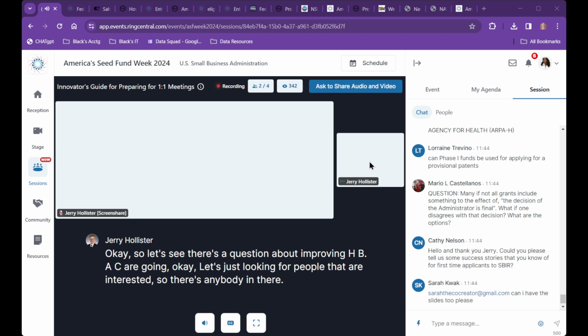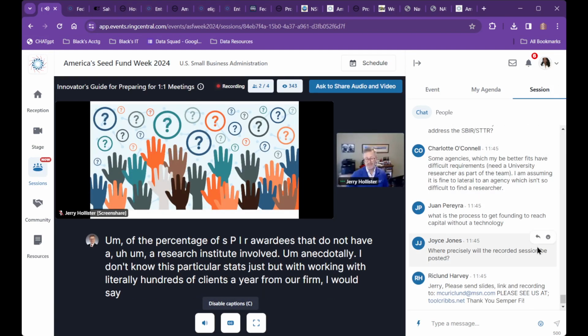Of the percentage of SBIR awardees that do not have a research institute involved, anecdotally, I don't know the particular stats, but with working with literally hundreds of clients a year at our firm, I would say at least half of SBIR applicants don't involve a university.